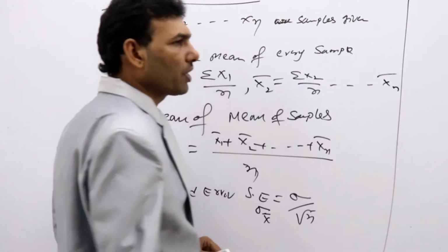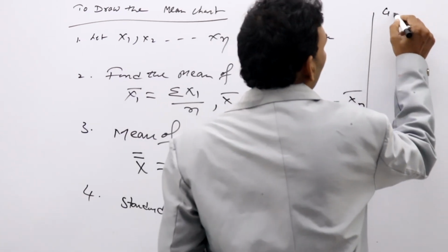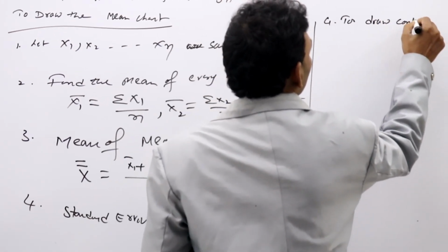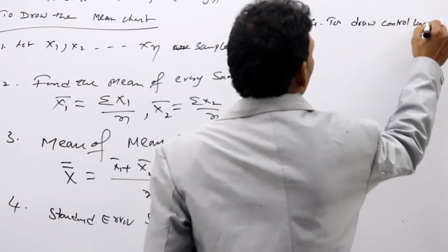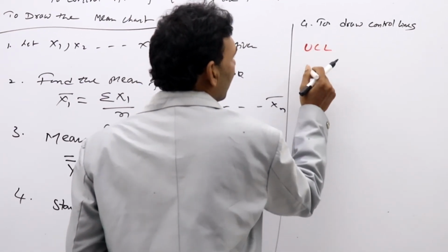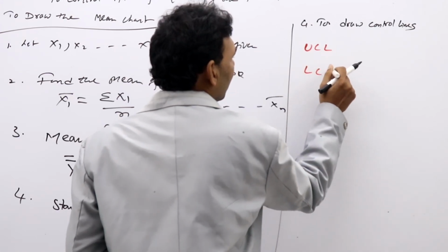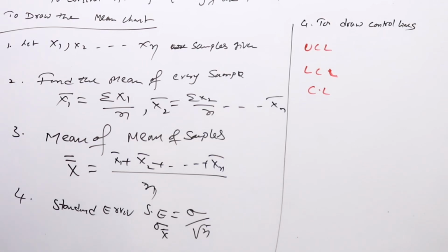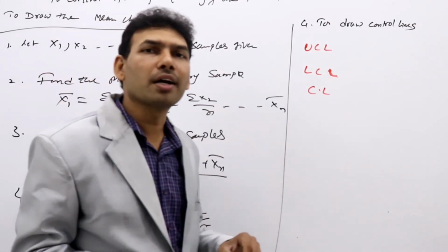Next we need to calculate the control lines. To draw control lines, that is UCL, LCL, and CL: upper control line, lower control line, and control line.